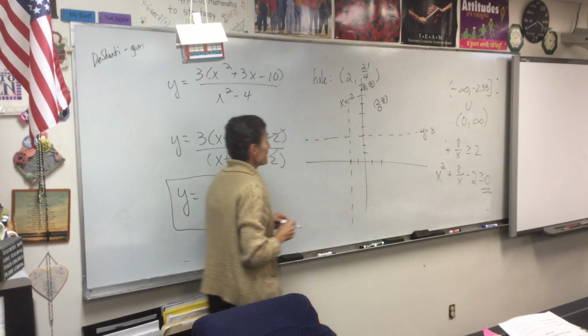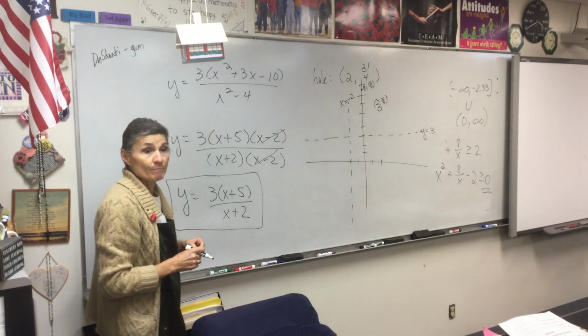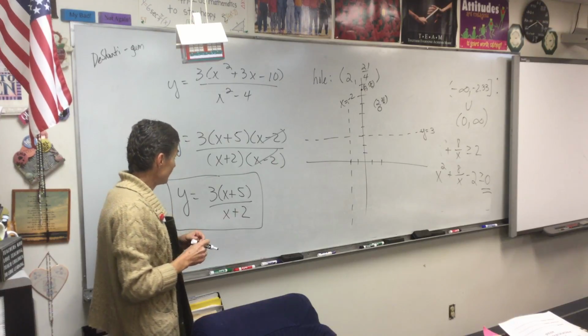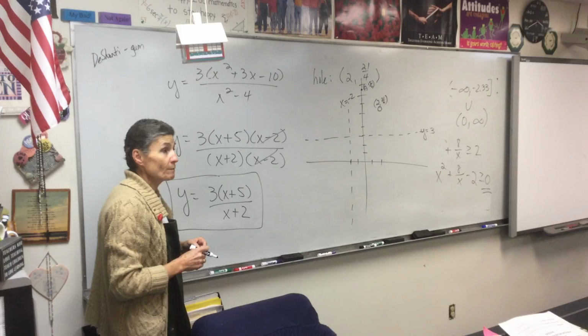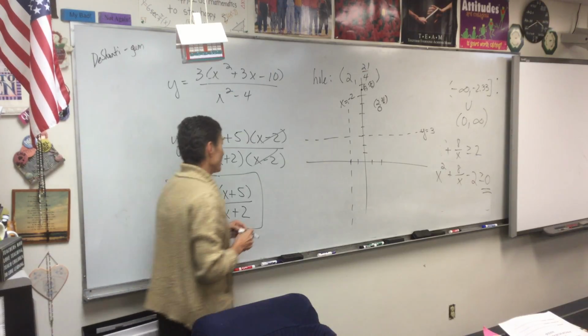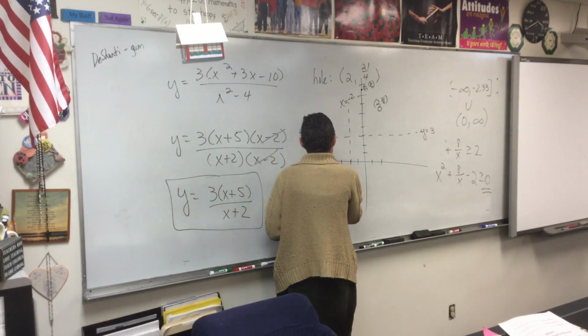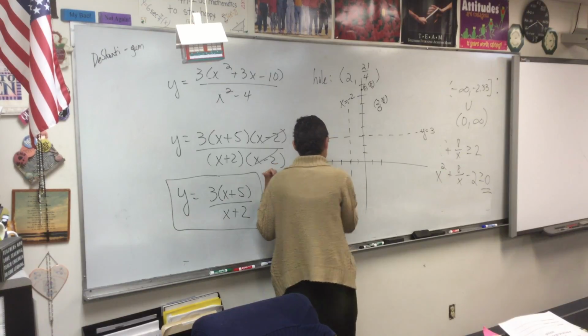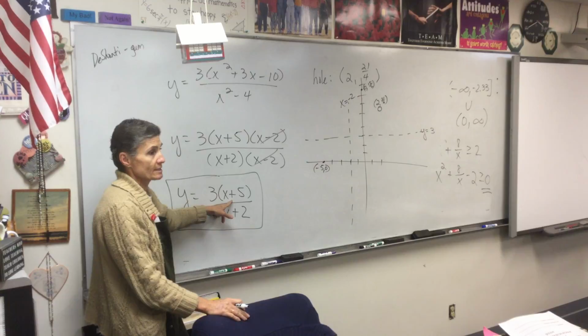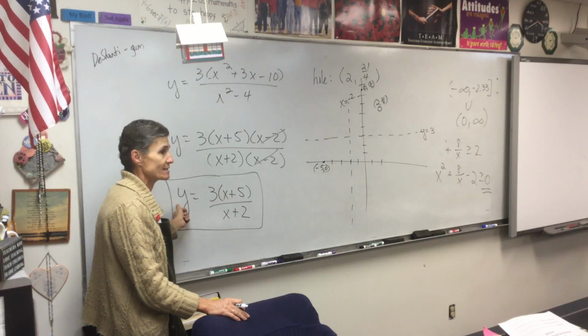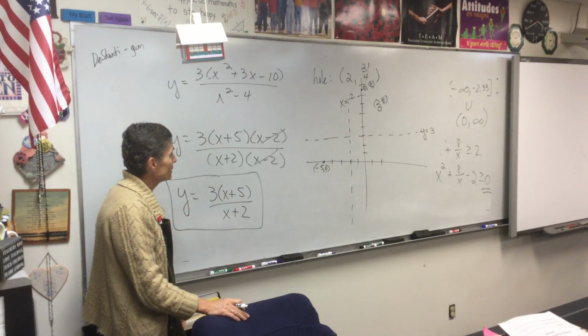And we get a y-intercept by plugging in 0, which is what we did. We got 15 halves. All right, now what? One more. 0 at -5. Bingo. There's your guy. He's got it. -5, that's what makes this fraction equal 0. -5 is what makes the 0 in this spot.